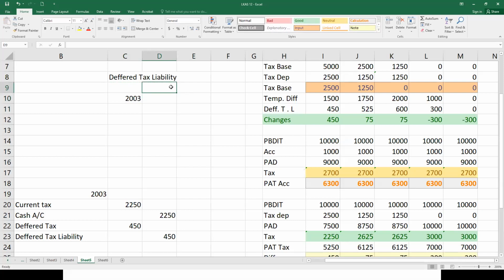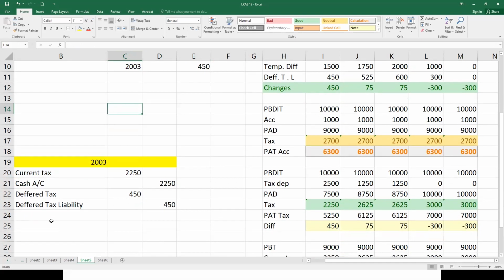The credit side, 450. Here, the deferred tax liability account is 450. We will close the account at the end of year 2003 at 450. This journal entry is for 2003.